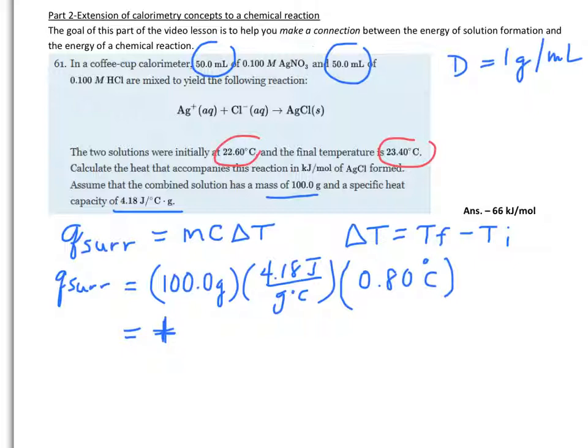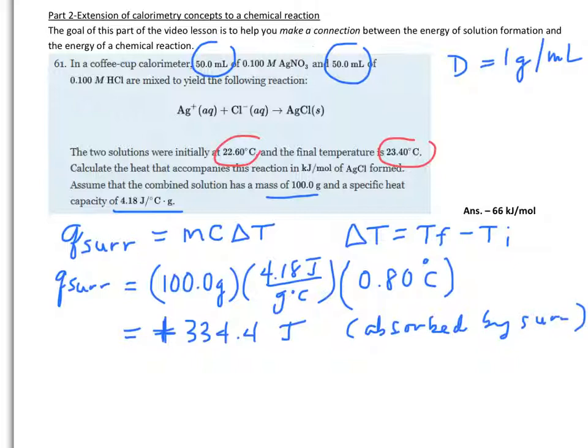It is absorbing energy. When I do the math on this, I'm getting 334.4 joules absorbed by the surroundings, the solution itself.